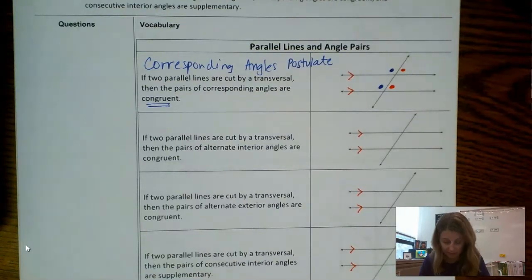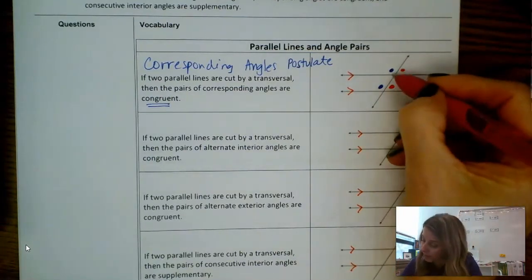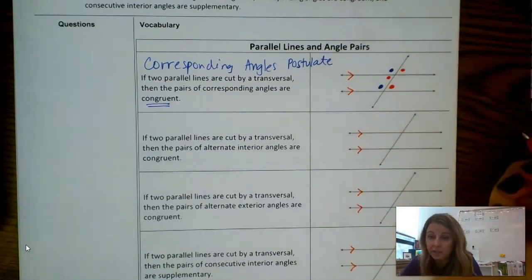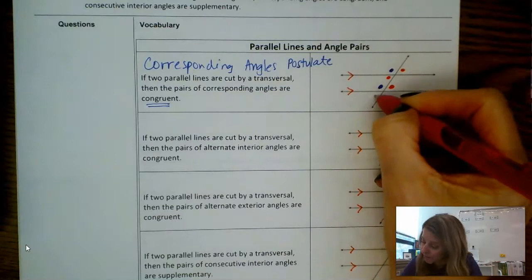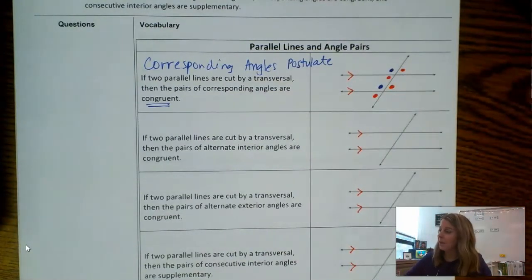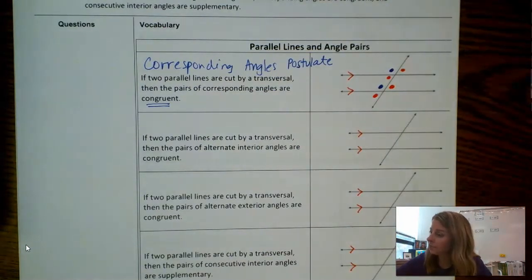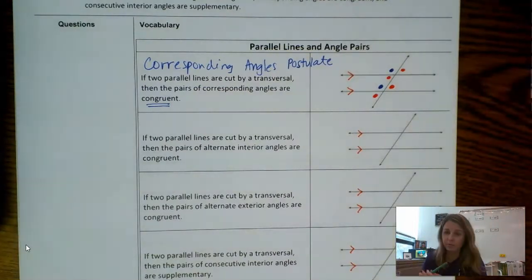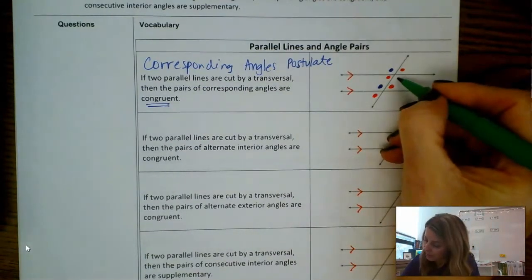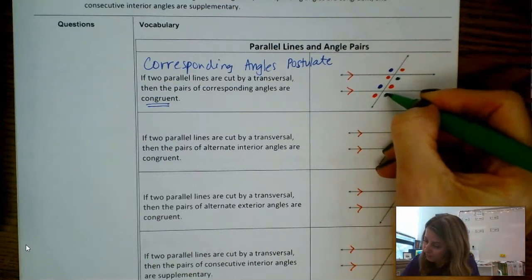Let's go with pink. I think that will show up differently than the red. So I'm going to put a dot here. It's pretty close, and a dot here. And then let me go to a green one and see how this one shows up. Let's do green and green.